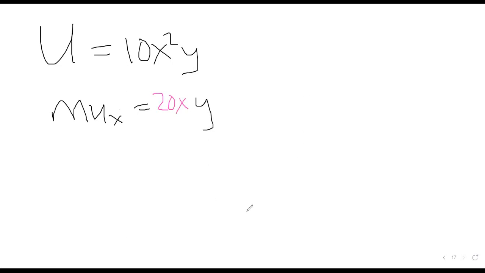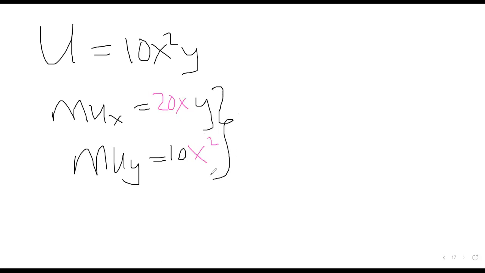Then we go to differentiating marginal utility of what? Y. What is our dummy here? x2. X2, good. And what are we differentiating? 10y, which becomes what? 10. That's 10, excellent.